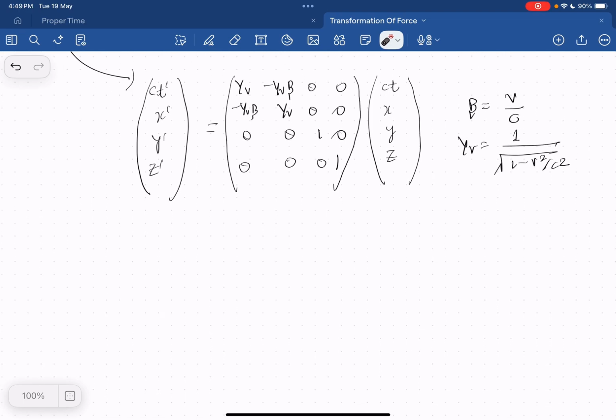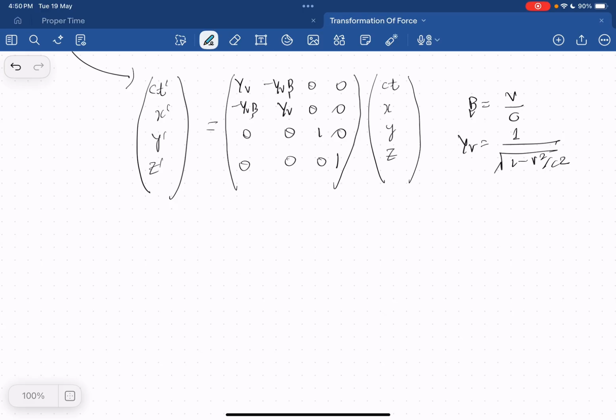Now we can introduce the concept of a 4 vector. So this is some set of 4 quantities which are transforming according to this matrix.